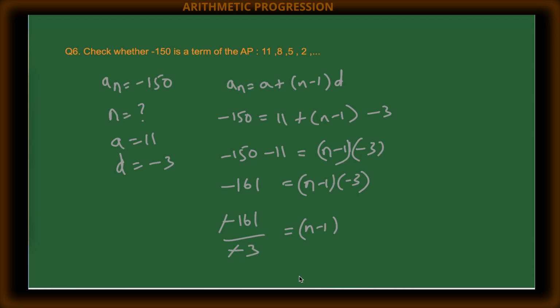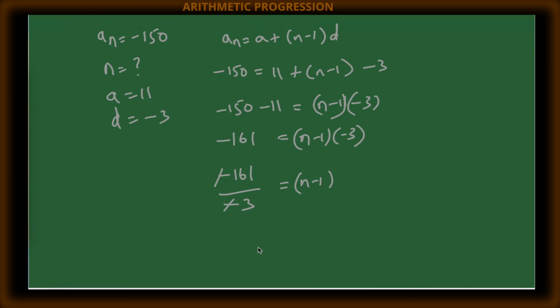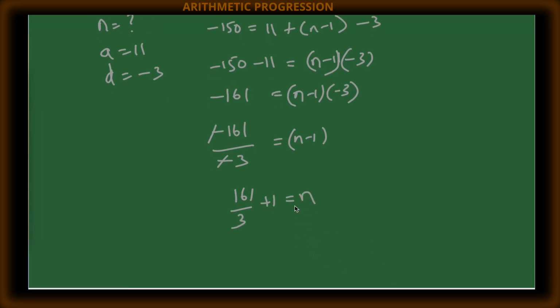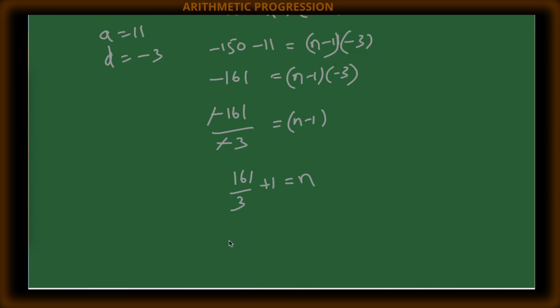Let's bring this minus 1 here. It becomes plus 1 is equal to n. So let's try to solve it. 161 plus 3 is equal to n. So n is coming as 164 divided by 3.